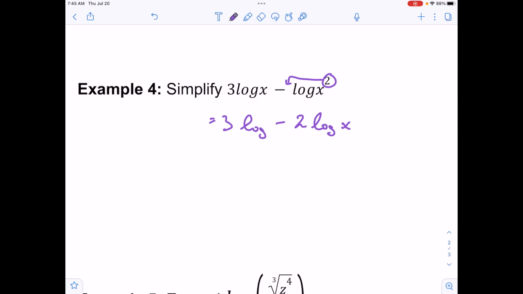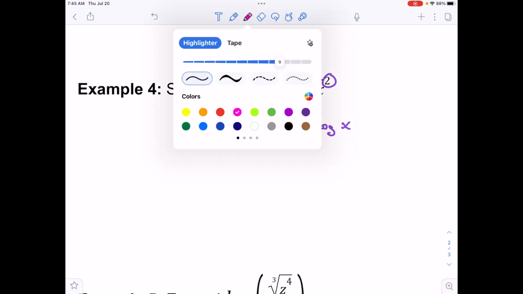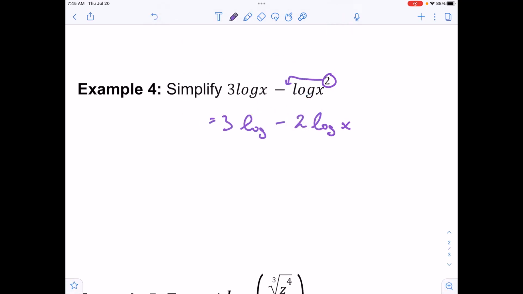This is sort of like combining like terms, right? I have a log x and I have a log x with our coefficients, so I can combine them. 3 log x's minus 2 log x's is just log x. We can't actually solve this one because x is still a variable, so I leave it right here.